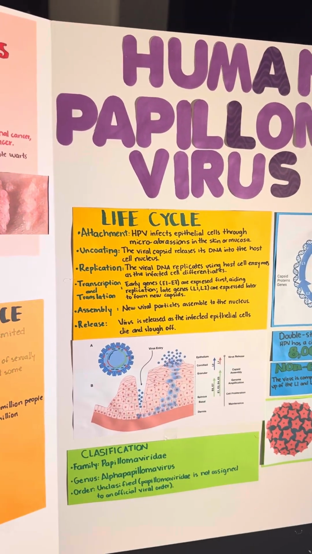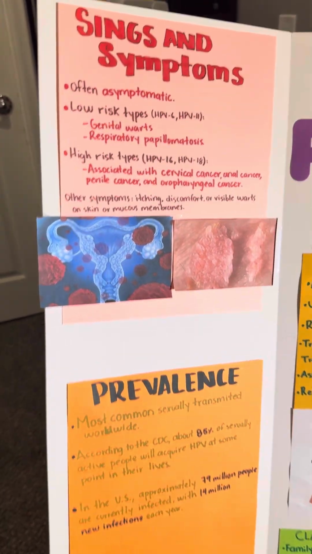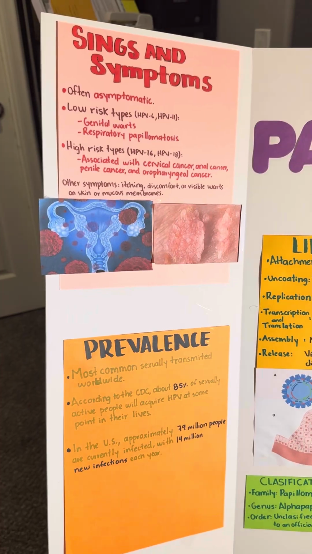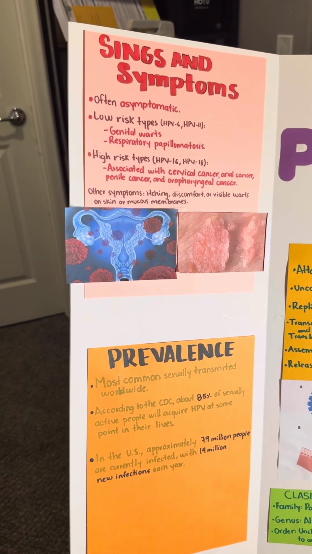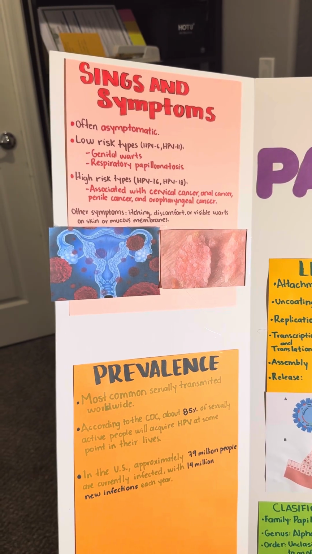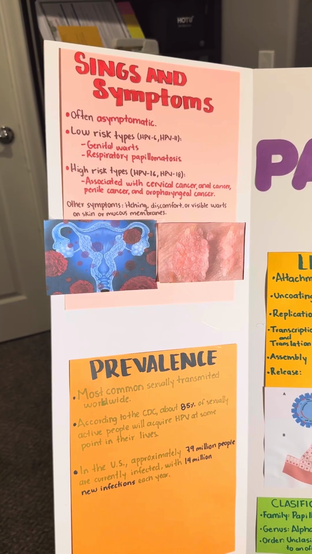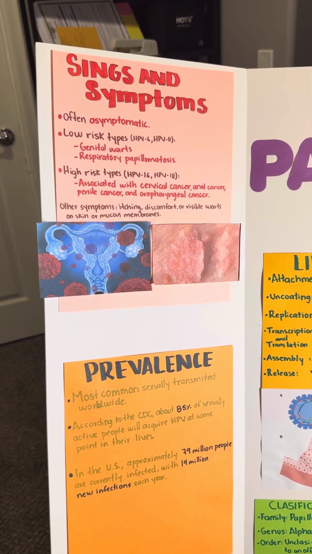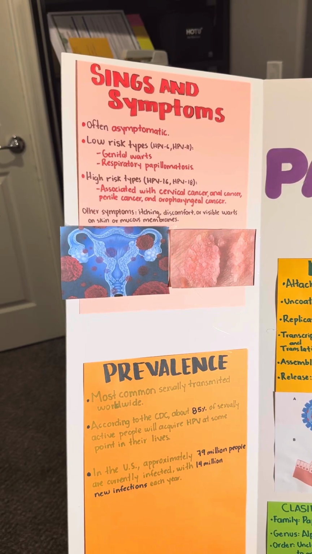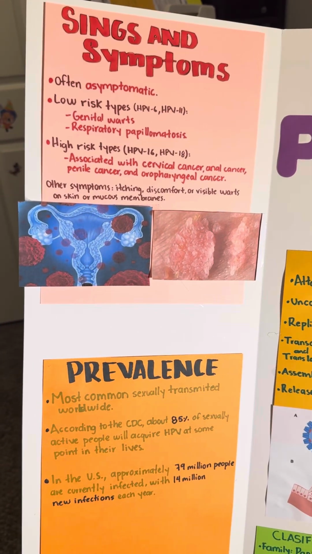Okay, going forward, we have signs and symptoms. Often this virus is asymptomatic, and it has different levels of risk. We have the low risk types, HPV 6 and HPV 11, and these types can cause genital warts and respiratory papillomatosis. On the other hand, we have the high risk types.